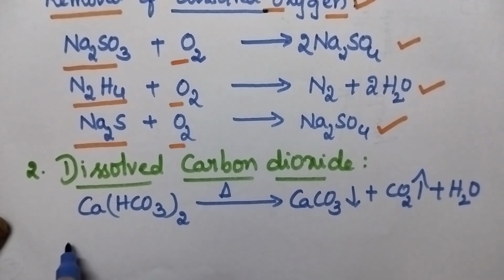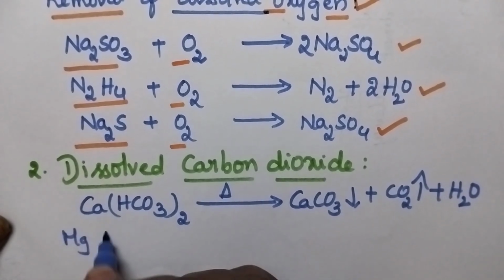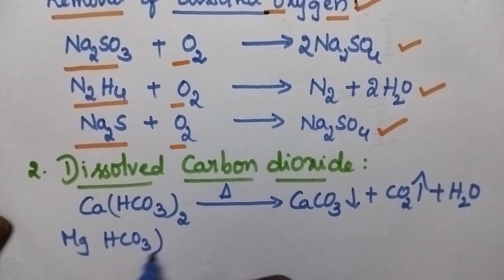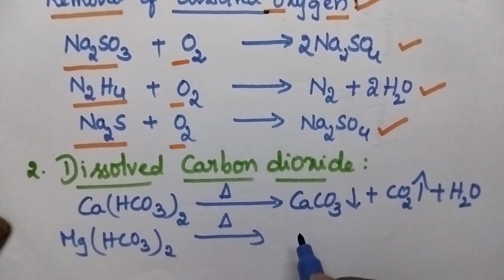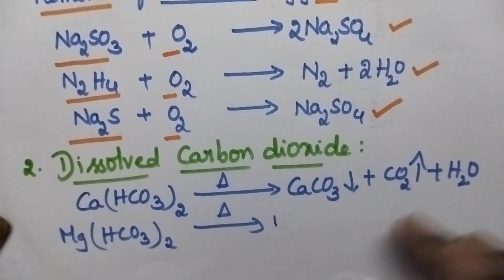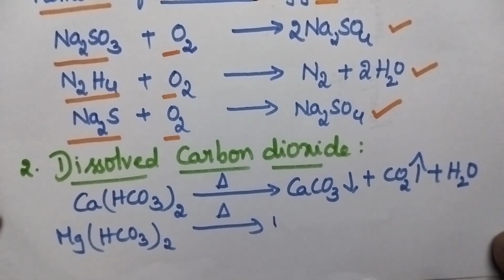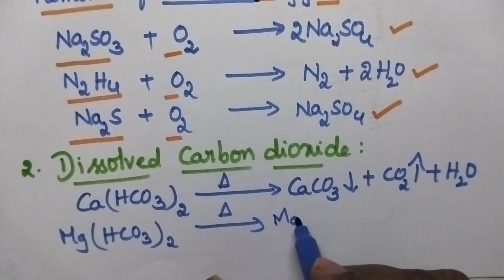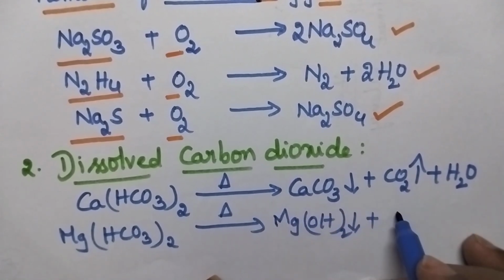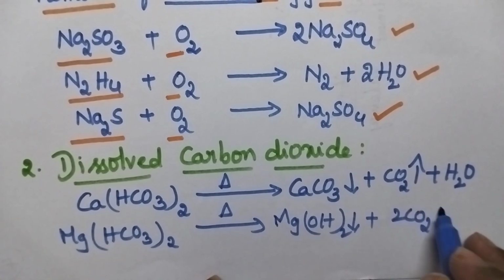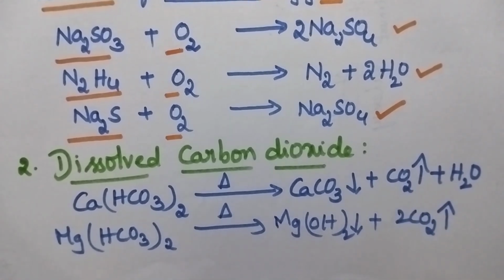In a similar way, the magnesium bicarbonate present in the boiler water also undergoes decomposition and results in the formation of magnesium hydroxide along with the liberation of carbon dioxide.